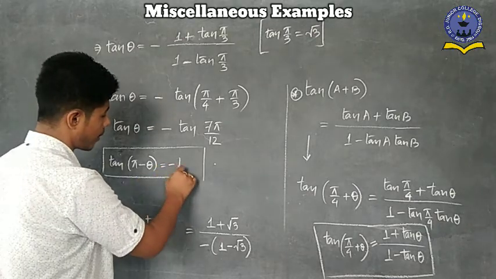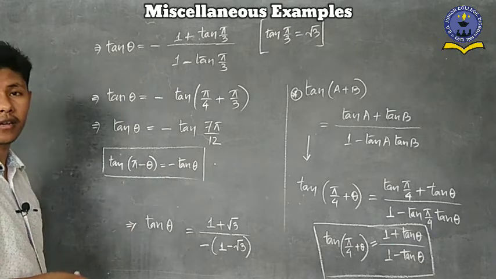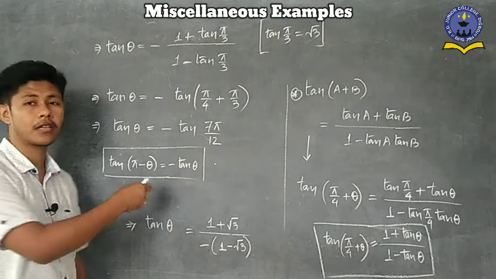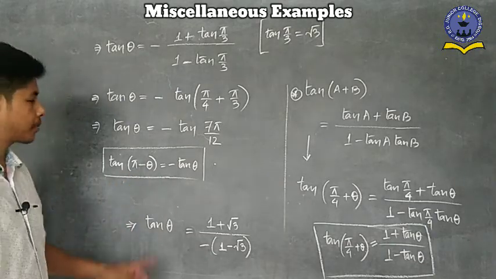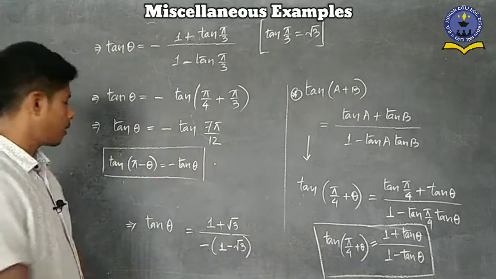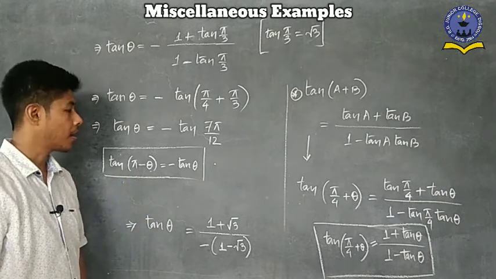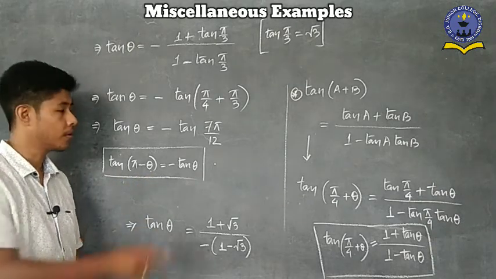The value is minus tan theta. Pi means 2 times 90, an even multiple, and pi minus theta is in the second quadrant, isn't it? In the second quadrant, the value of tan is negative. So that's why minus tan theta. So the value of tan of pi minus theta equals minus tan theta.